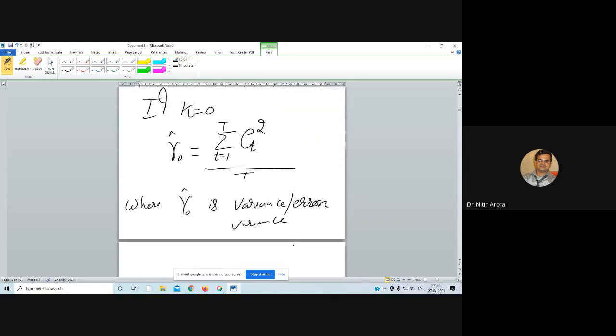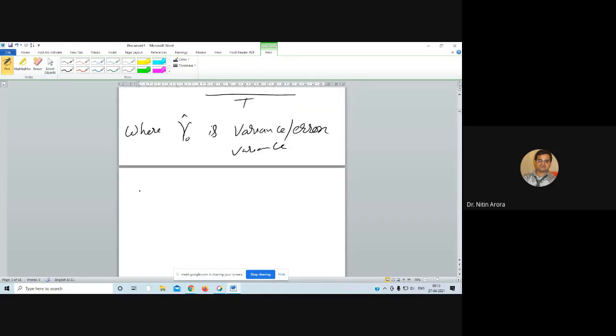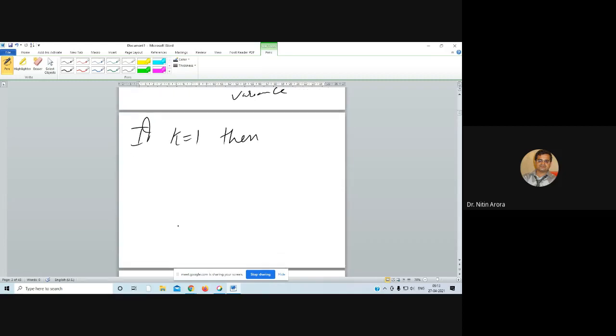And for gamma k cap, if k is unity, then gamma 1 cap would be summation et et minus 1 upon capital T, right?